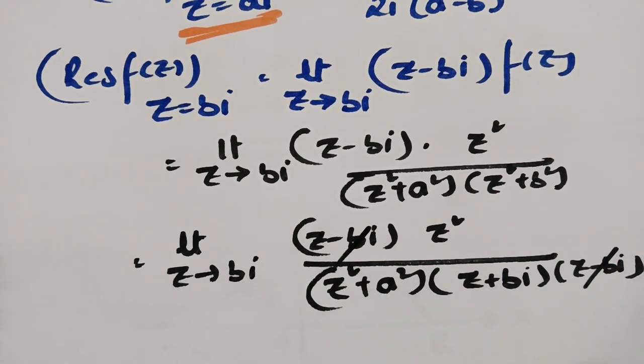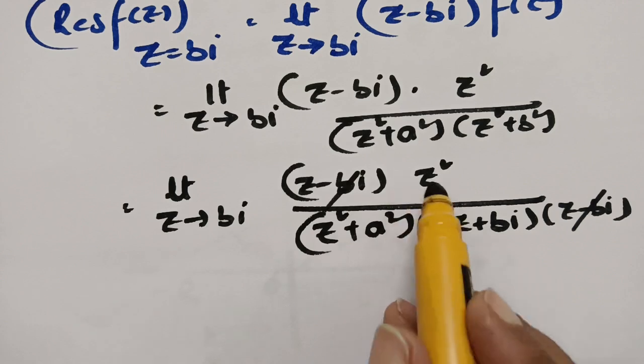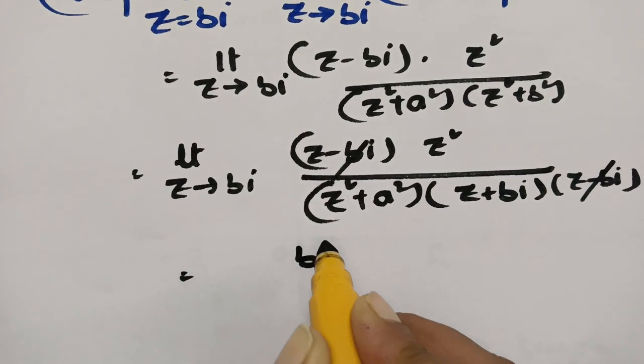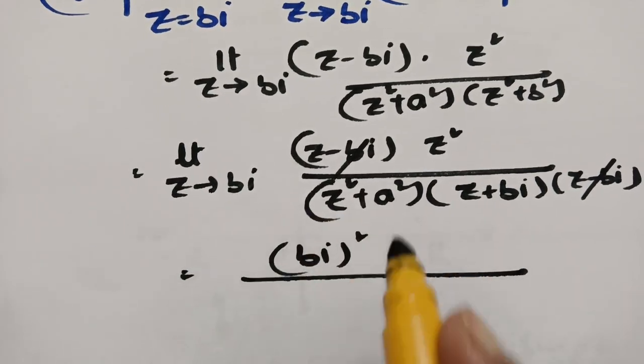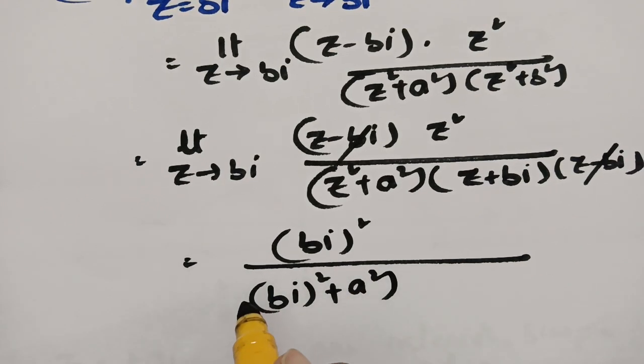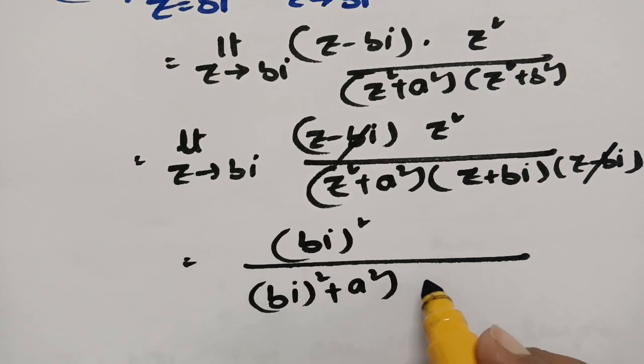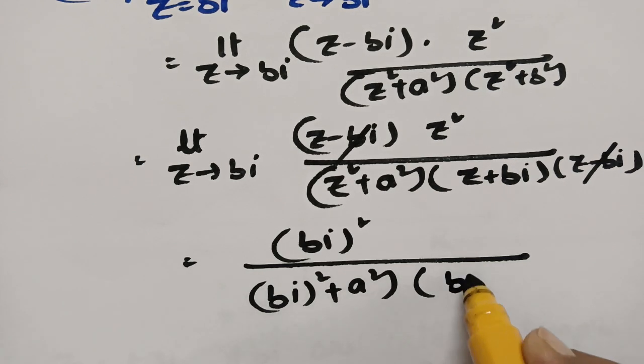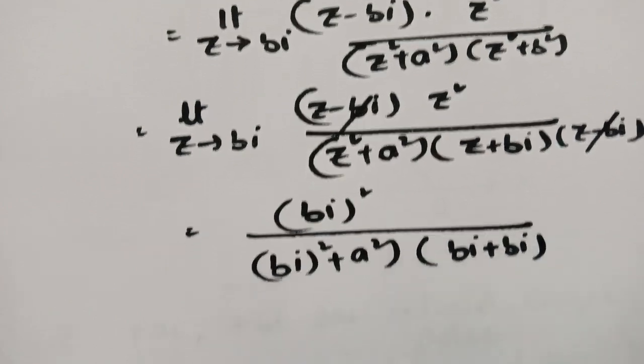If I cancel these two and substitute the value of z as bi, this will be bi whole square by bi square plus a square into bi plus bi.